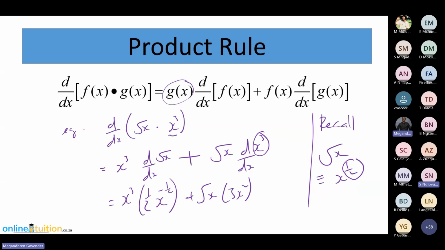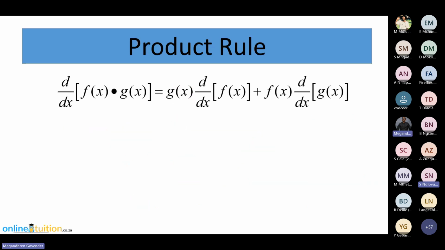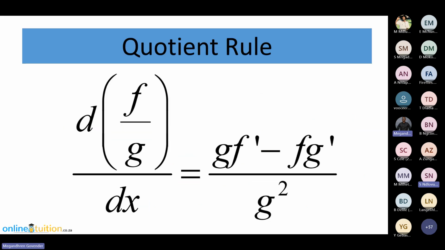Now, let me introduce you to another rule called the quotient rule. Okay, quotient rule. Now, this one looks a bit different. Does someone got a question? No? Okay. So there's the quotient, f over g, where g is not equal to 0, right?